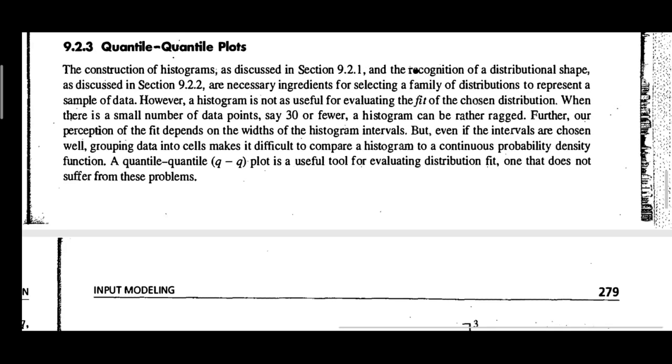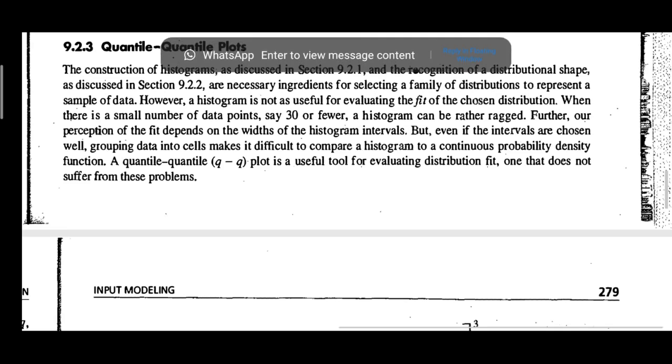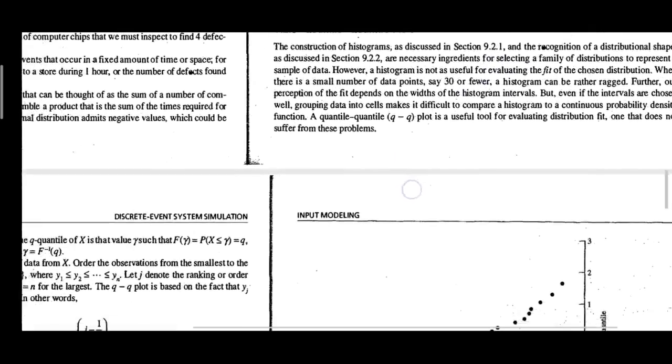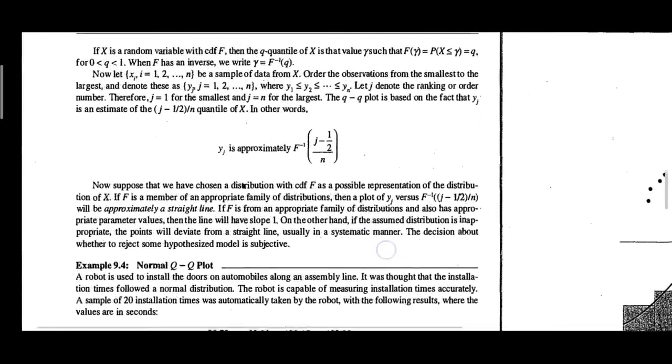Wherever you feel the number of collected samples is insufficient for representing in terms of a histogram, we can go with the QQ plot, that is the quantile plot. It is one of the useful tools for representation of the sample data. Okay, let us see what exactly it is then.